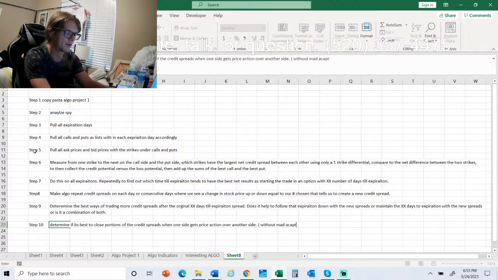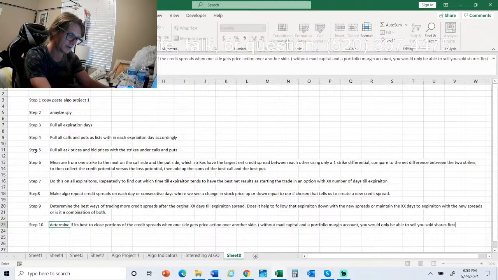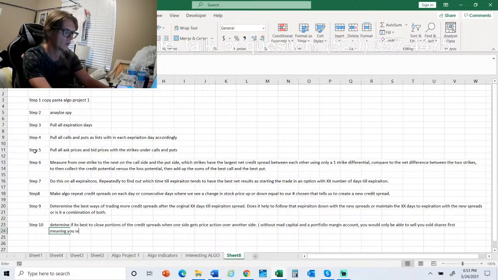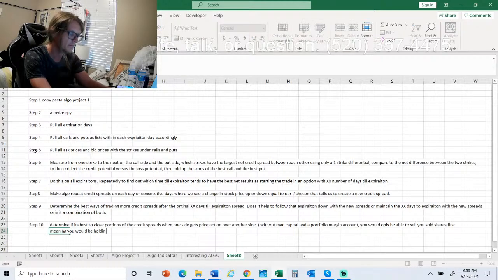Without margin capital and a portfolio margin account, you would only be able to sell your sold shares first, meaning you would be holding on to your bought shares, which expire with theta if you don't see any price action.